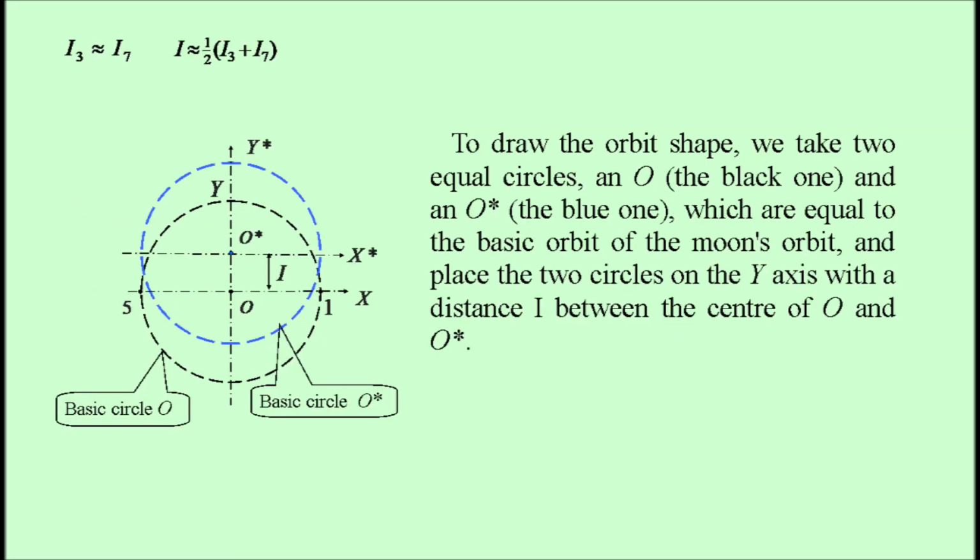To draw the orbit shape, we take two equal circles, O, the black one, and O*, the blue one, which are equal to the basic orbit of the Moon's orbit, and place the two circles on the y-axis with a distance l between the centers of O and O*.